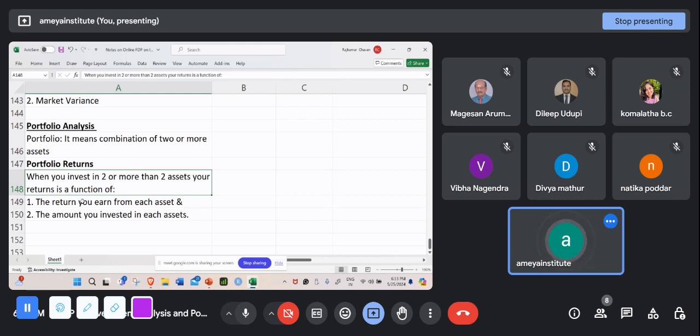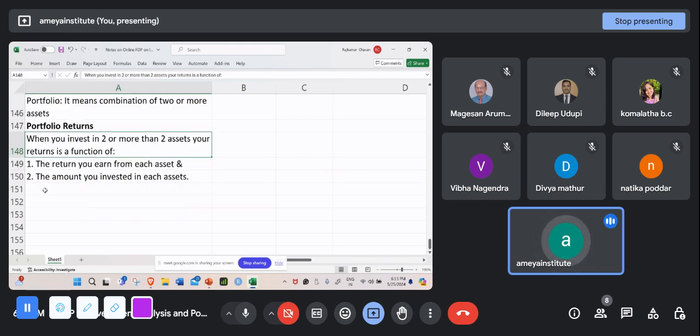So basically, when we say portfolio return, I will write it as expected return on portfolio, or R_P, the portfolio return. Let's say, for example, I have two assets: one is Facebook and one is Apple company shares.